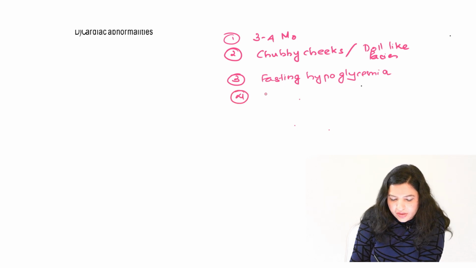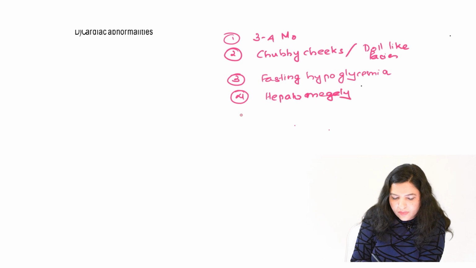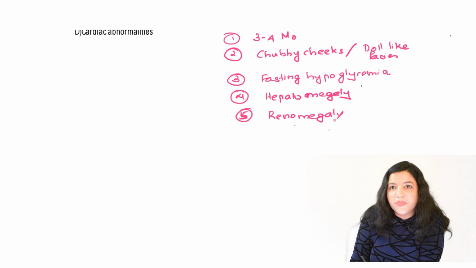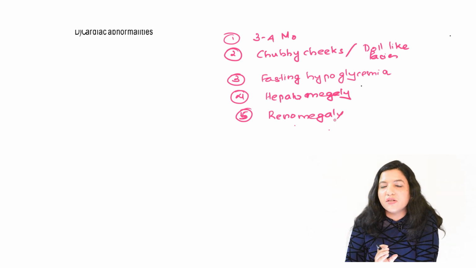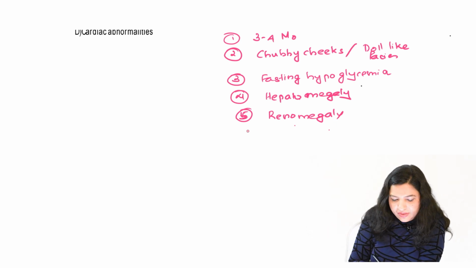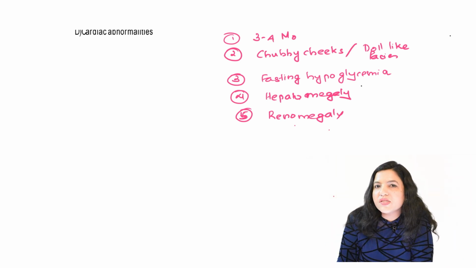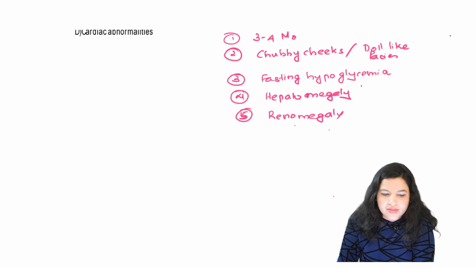They will be having hepatomegaly, then there will be renomegaly, but splenomegaly is not commonly seen, it's very rarely seen. So these are some of the symptoms of von Gierke's disease.